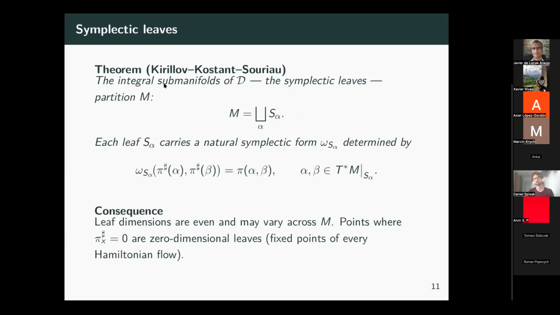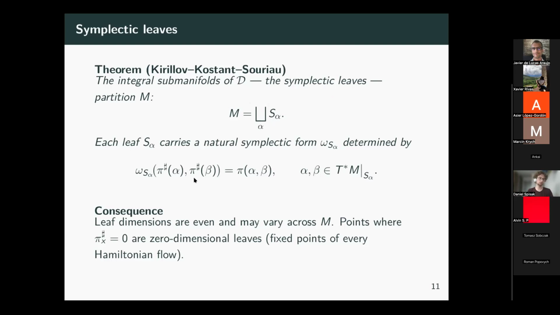Putting this together into the theorem, the integral manifolds of the characteristic distribution partition M in this manner, where the S alpha are symplectic leaves. So every Poisson manifold is a disjoint union of symplectic leaves.